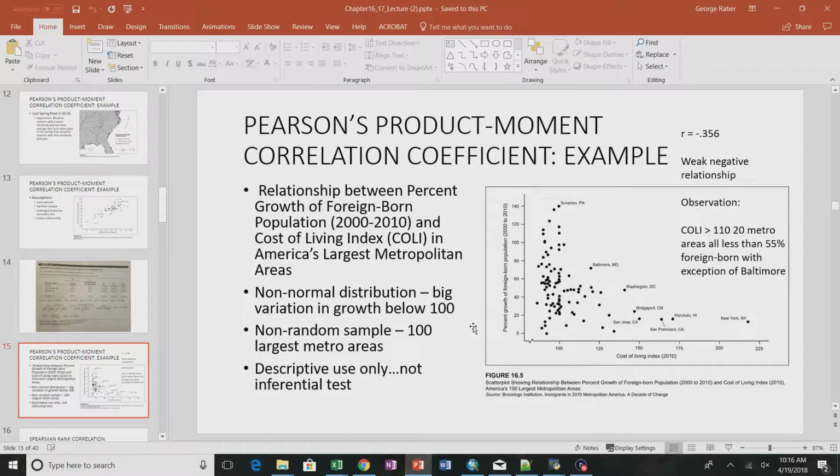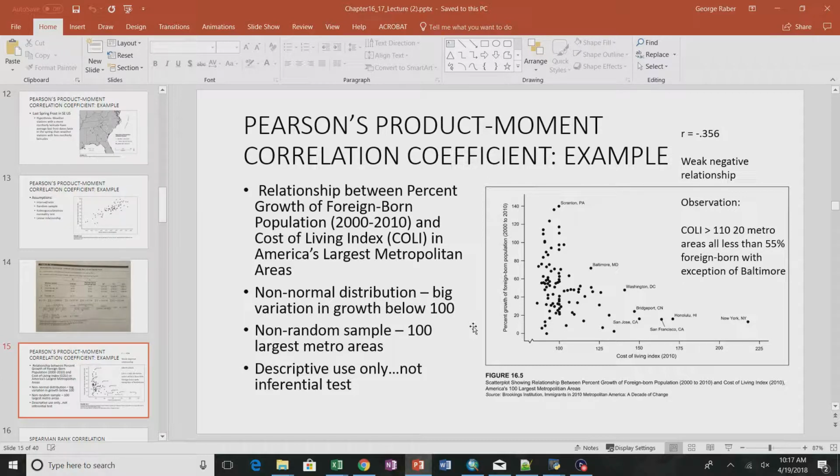So there's more growth in lower cost of living areas. The problem is that it kind of looks like an L almost. So there is growth of foreign-born populations in lower cost of living areas, and there isn't growth in areas where there's high cost of living. But the relationship isn't one that co-varies with each other.